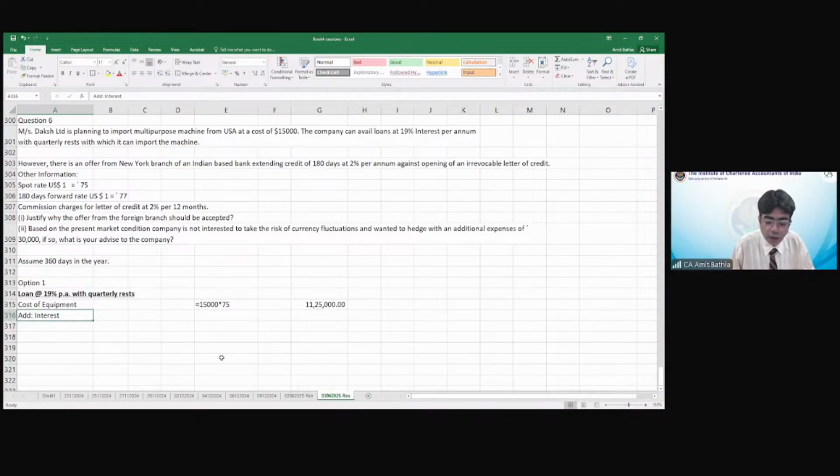And compounding is going to happen on what frequency? On quarterly frequency. Right? So what will be the total interest which will be charged to you? On 11,25,000.